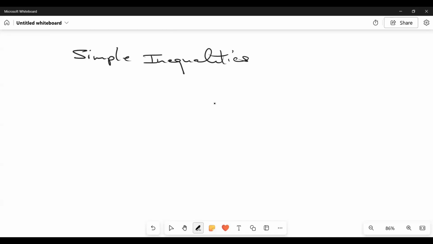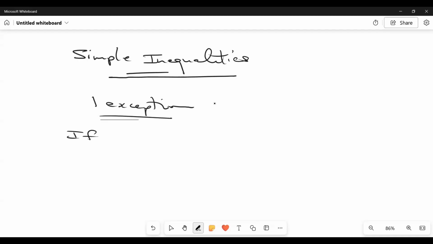So there's a simple rule to solving simple inequalities, right? And this is what you do. Simple inequalities, you solve them exactly the way you would solve simple equations. The only exception, there's one exception. And what's that?